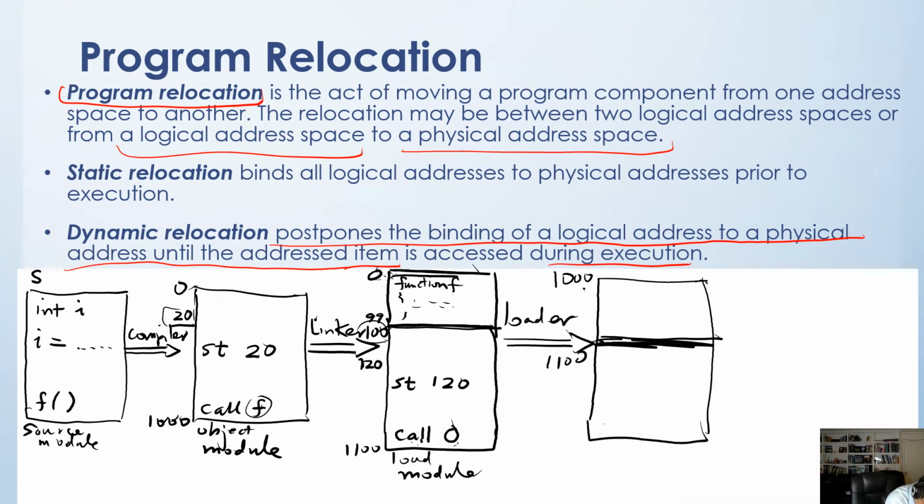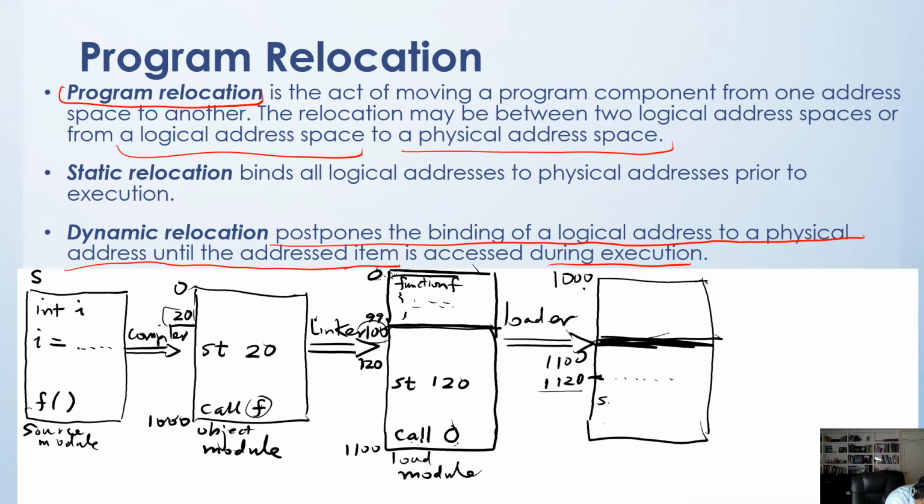And then 120 becomes 1120. Now that's where the actual value is located. That's the physical memory address that contains the value.